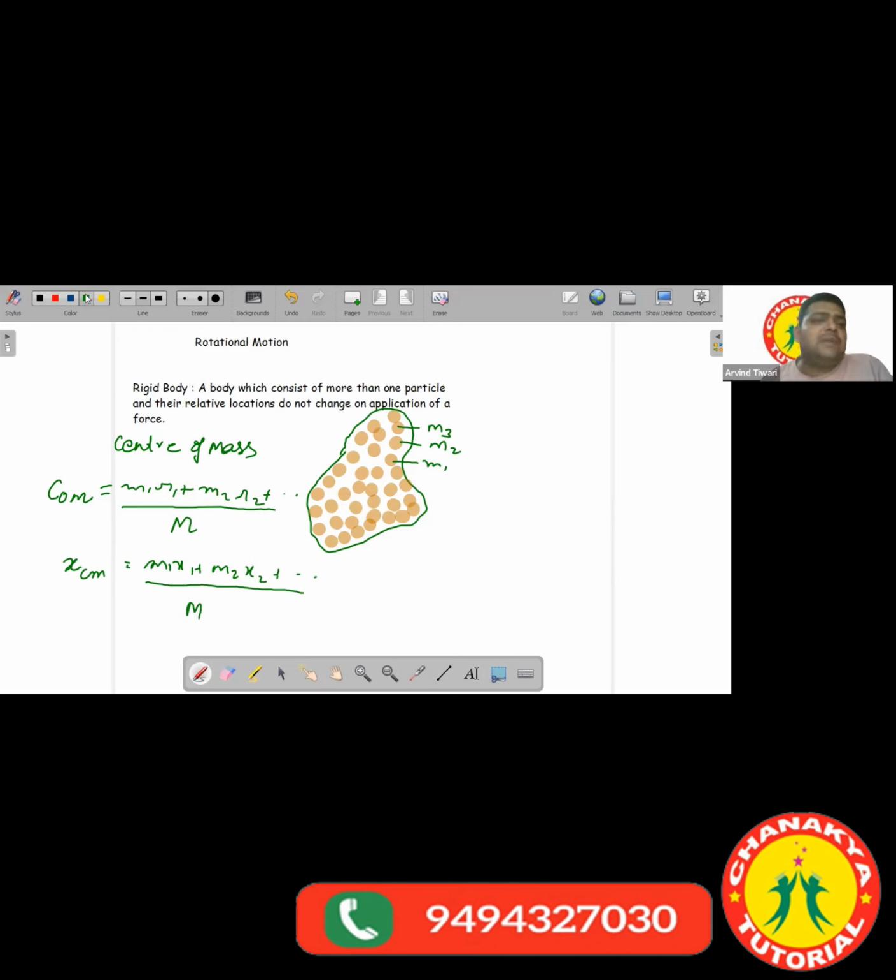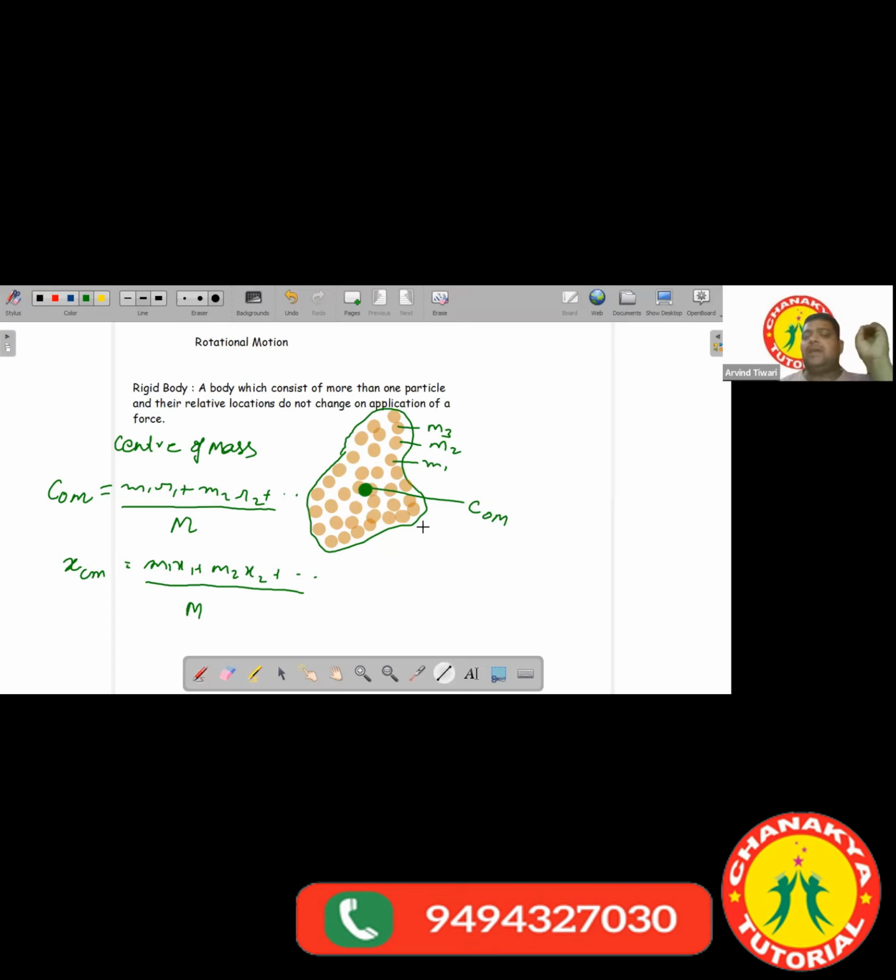Now suppose for this mass, we have the center of mass located somewhere here. Let this be the center of mass. It means the whole mass of the system is supposed to be concentrated at this point. Now see the effects which will be produced if you apply some force on it.